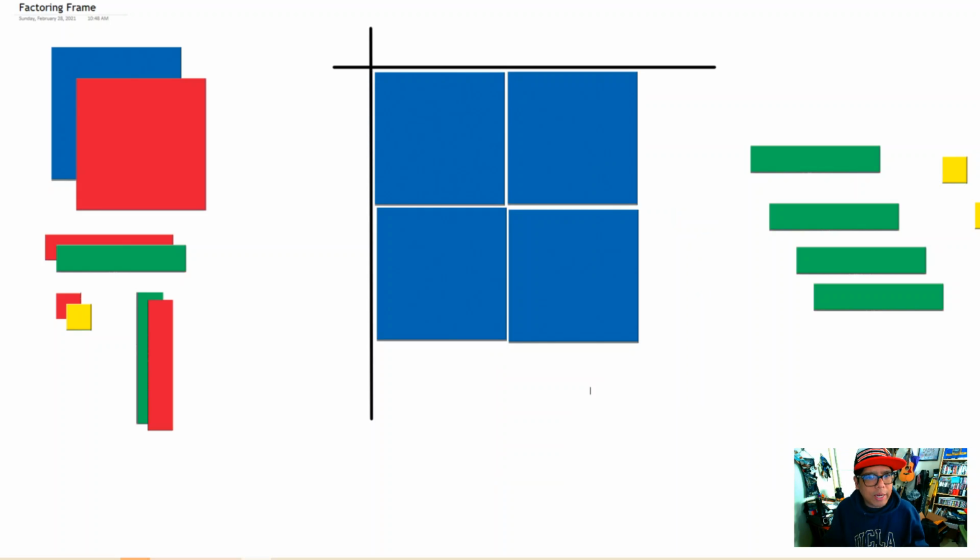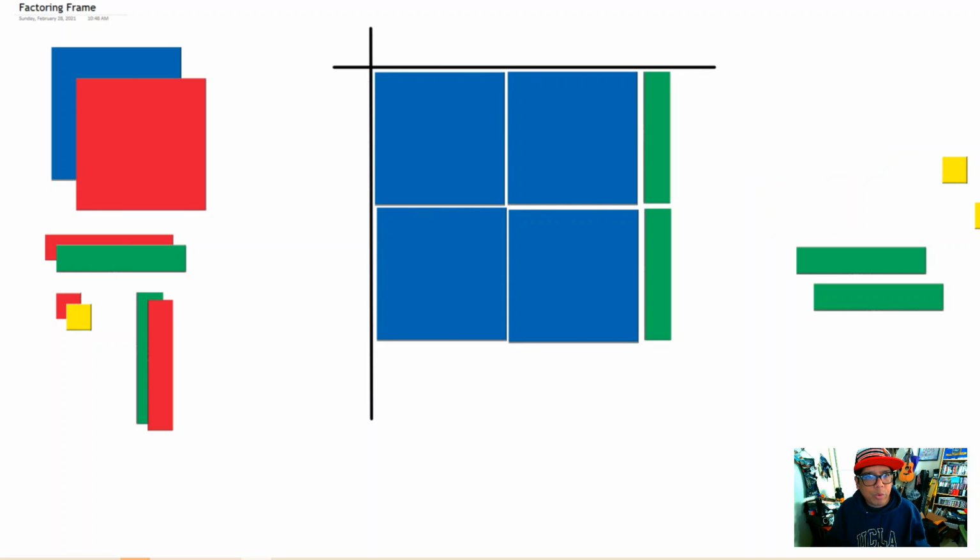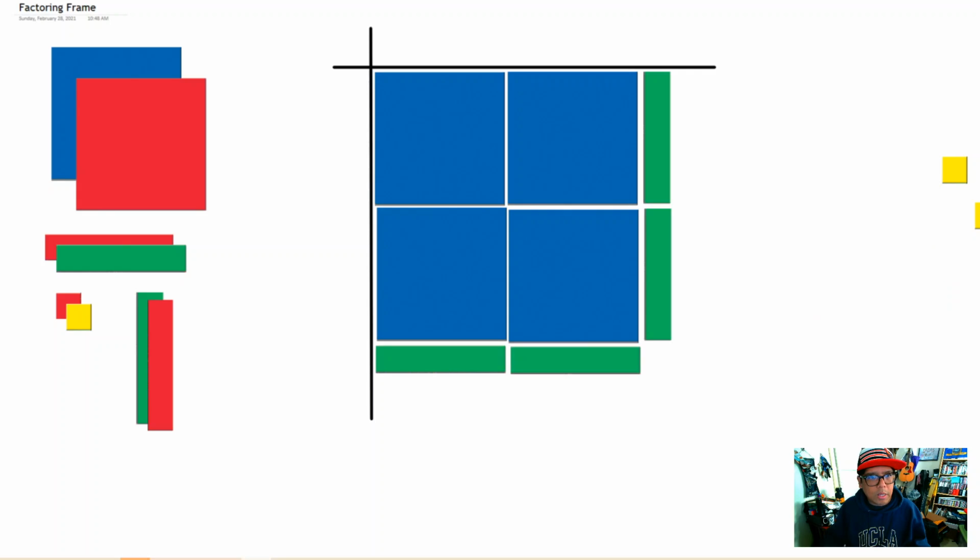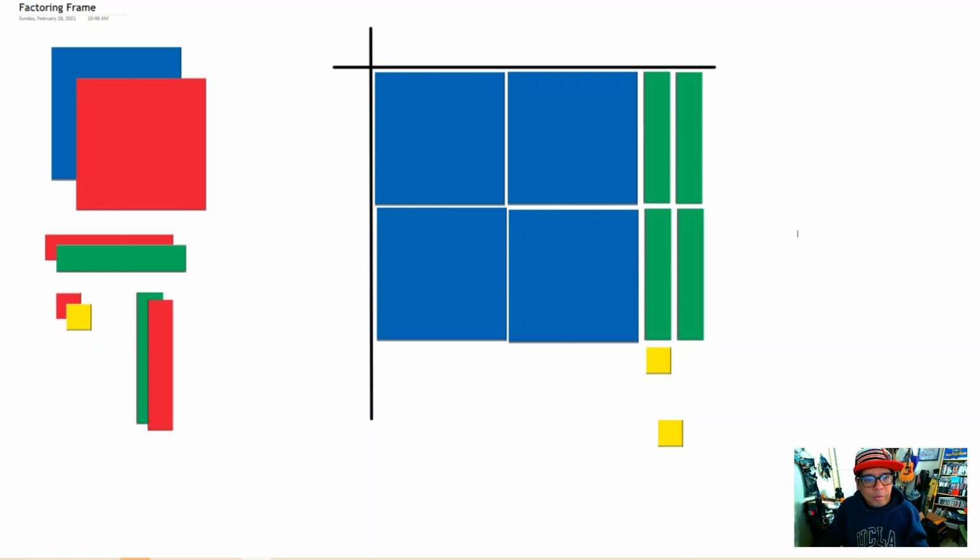And then for the green x bars, let's put 2 of them over there on the side, 2 across the bottom, and then we could take a units and put it there, but I still have this one yellow unit square with no place to put it. So the next thing I could try is moving all of the x's over on the side, and that still doesn't really get me a rectangle.